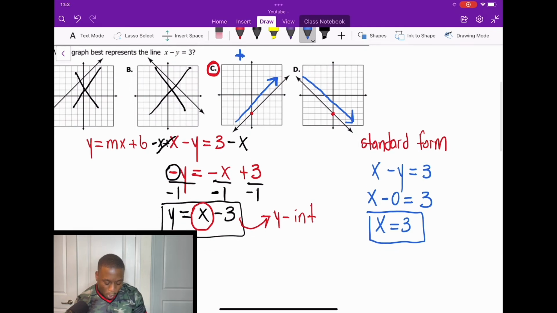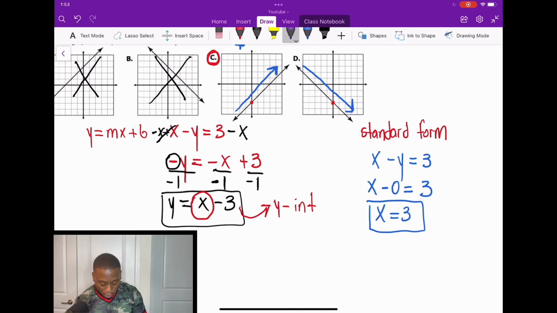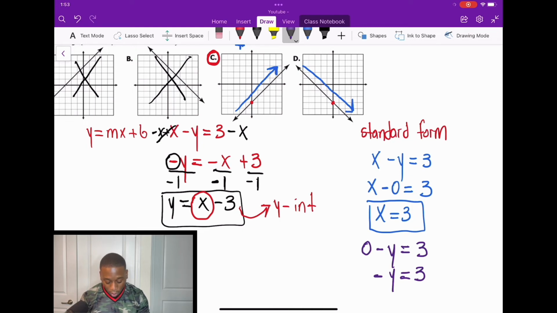If we want to find the y-intercept, just remember that means we make x 0. So now we have 0 minus y is equal to positive 3, and our result is negative y is equal to 3. However, there's a real big issue here. Our y is negative by itself.